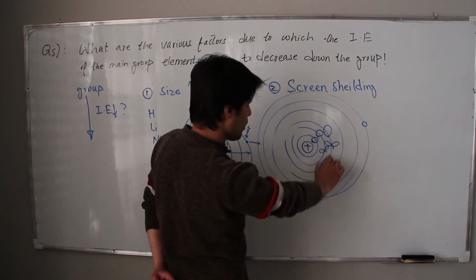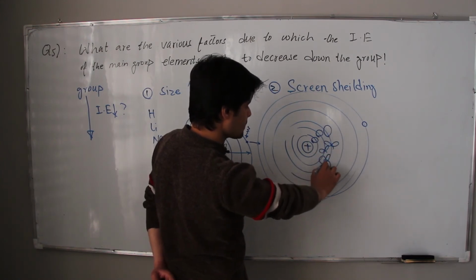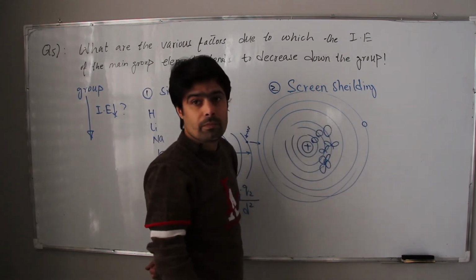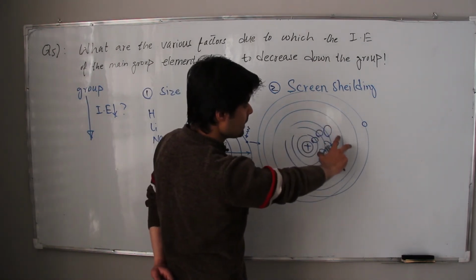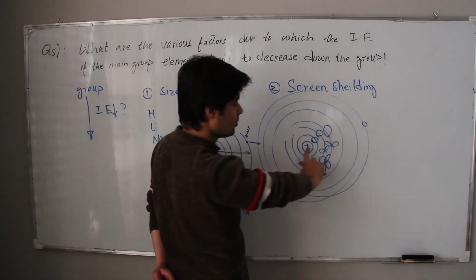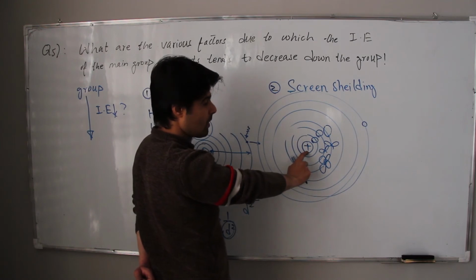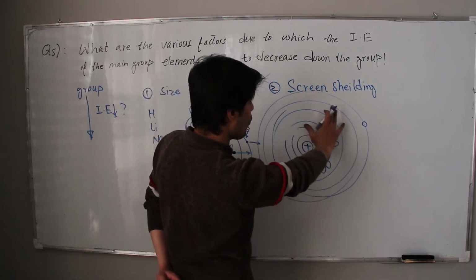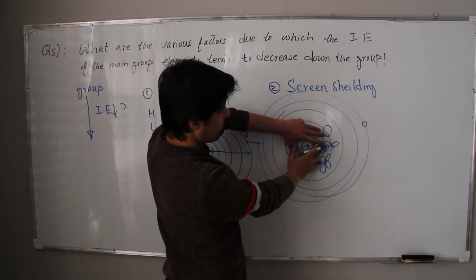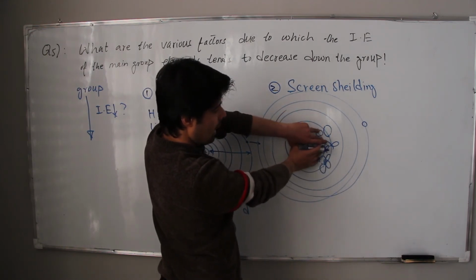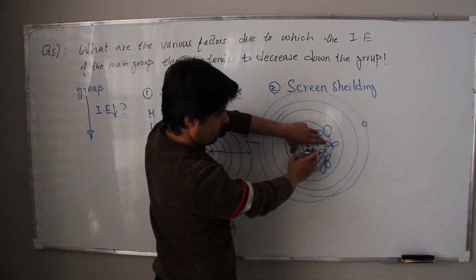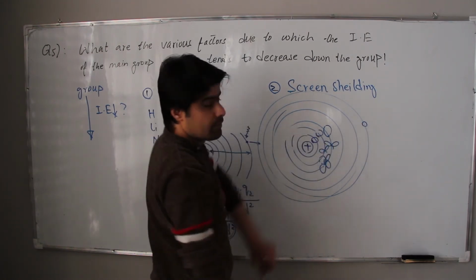The number of orbitals is increasing. If they are increasing, they will shield the last electron from the proton. Now in here we have walls which cover the proton, and the attraction between this electron and this proton is decreasing.